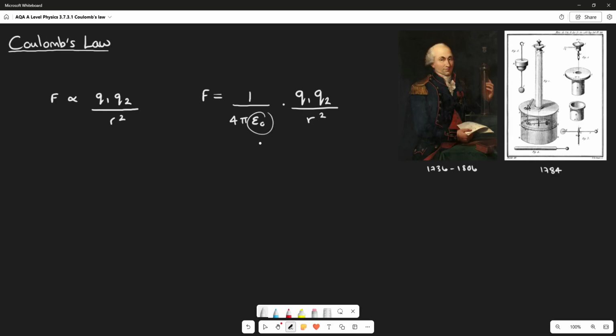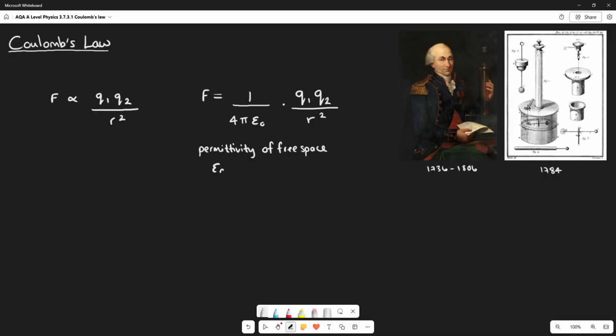The epsilon subscript 0 is the permittivity of free space. This is a measure of how easy it is for an electric field to penetrate a vacuum.